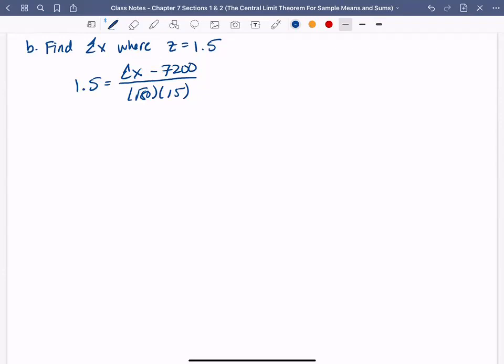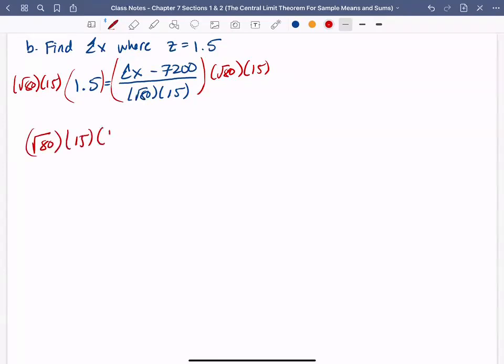So how you would actually do it to be exact is you multiply both sides by that denominator, which is the square root of 80 times 15. Now I have the square root of 80 times 15 times 1.5 equal to the summation of x minus 7,200.